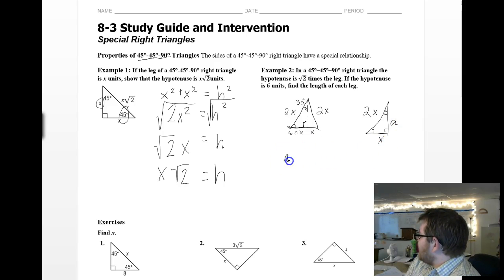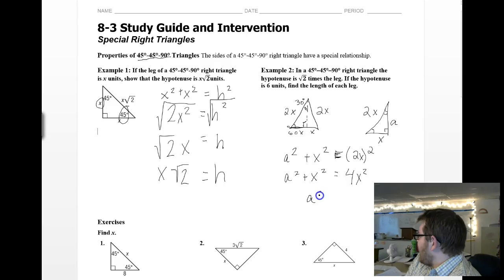So basically a squared plus x squared equals 2x. That should be equals 2x squared. So a squared plus x squared equals 4x squared.